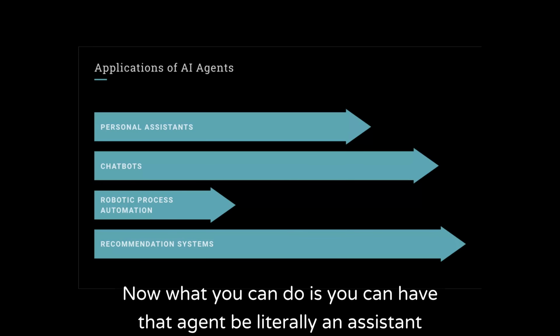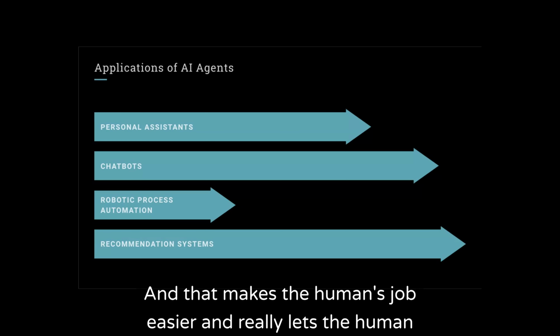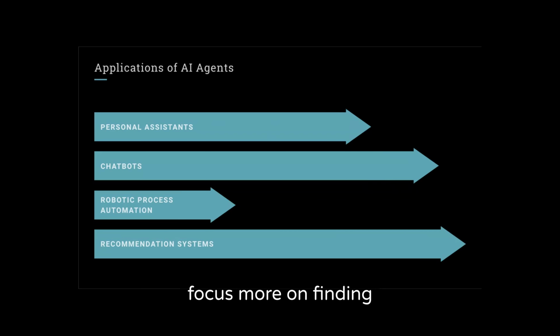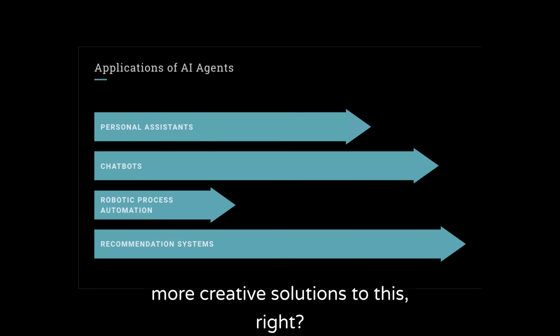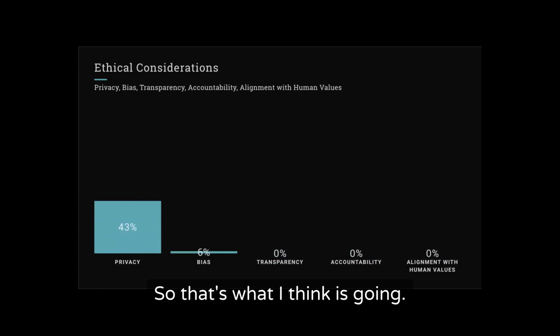Now, what you can do is you can have that agent be literally an assistant to the human, and that makes the human's job easier and really lets the human focus more on finding more creative solutions to this, right? So that's what I think is going to happen.